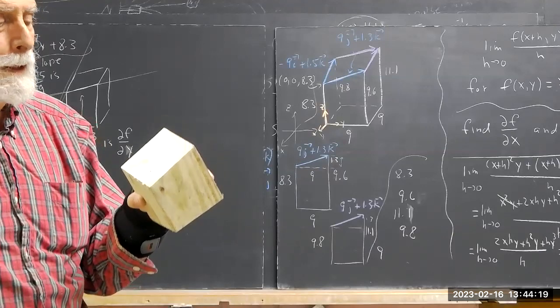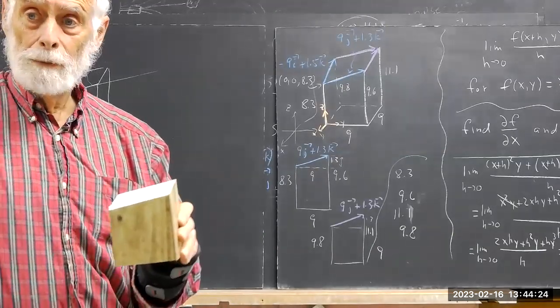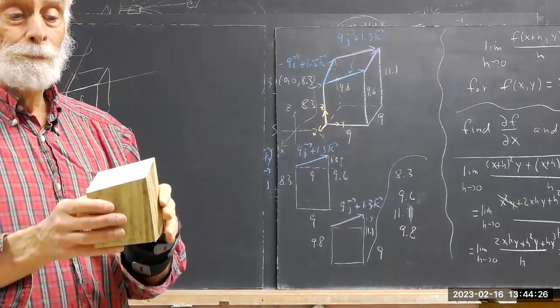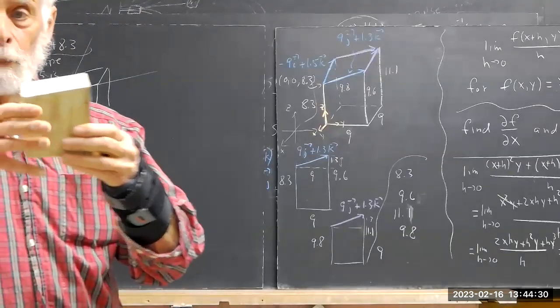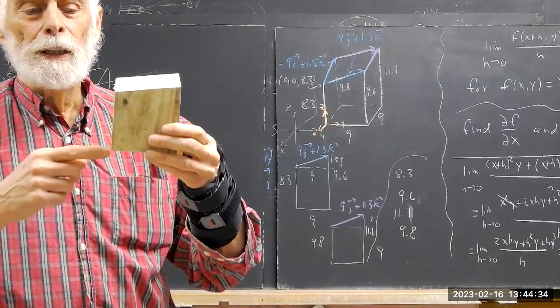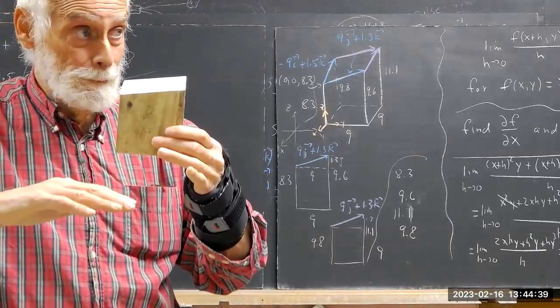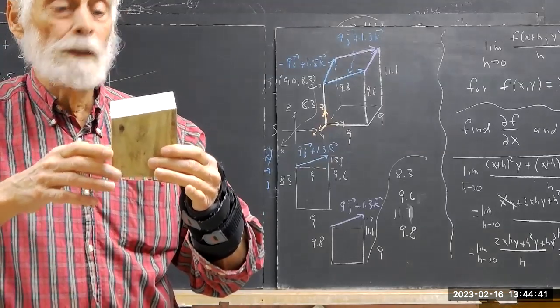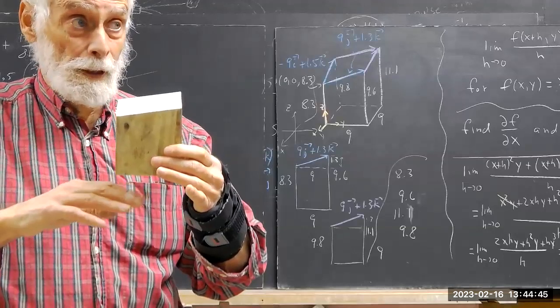Okay. What I want you to think about is if I have any surface here, and I approximate it with one of these, approximate the area above a delta x by delta y increment in the plane, then I get a pretty good approximation of the volume above that increment.